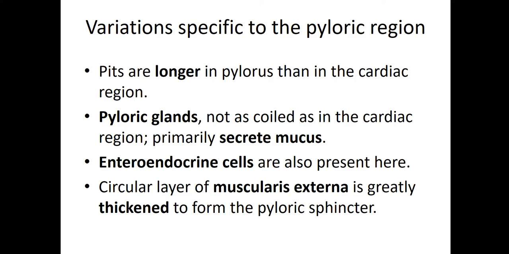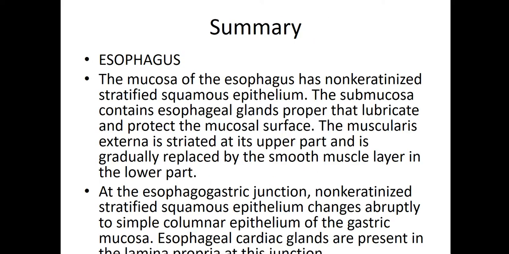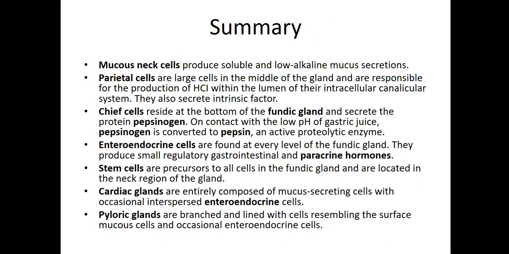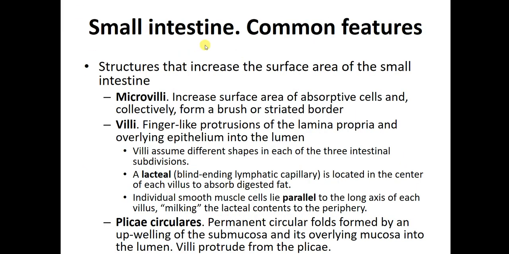Also, for proper digestion we have to give a portioned amount of food from the stomach into the duodenum. Okay, physiological role, you know. The summary you can read by yourself, and I will send this PPT to you.